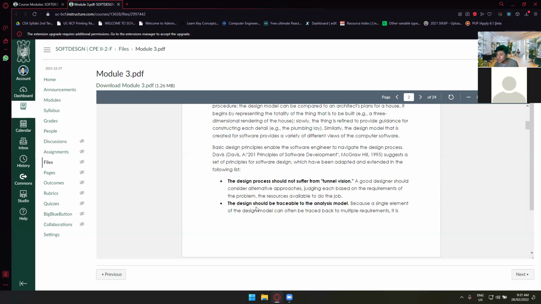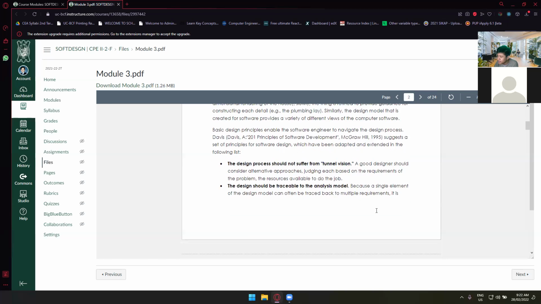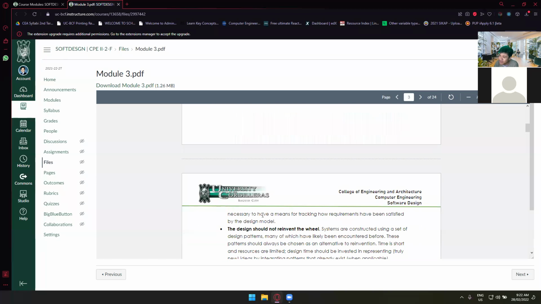Second one is design should be traceable to the analysis model. Because a single element of the design model can often be traced back to multiple requirements, it is necessary to have means for tracking how requirements have been satisfied by the design model.